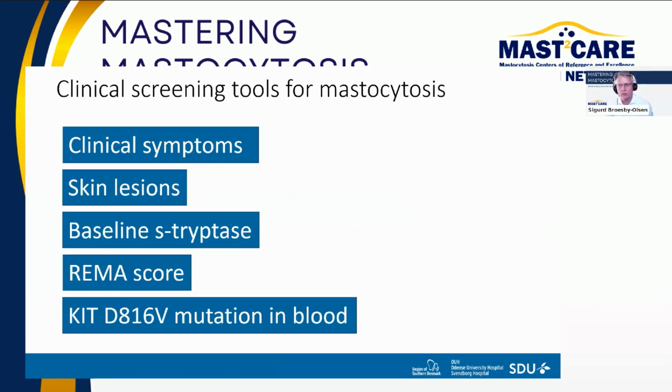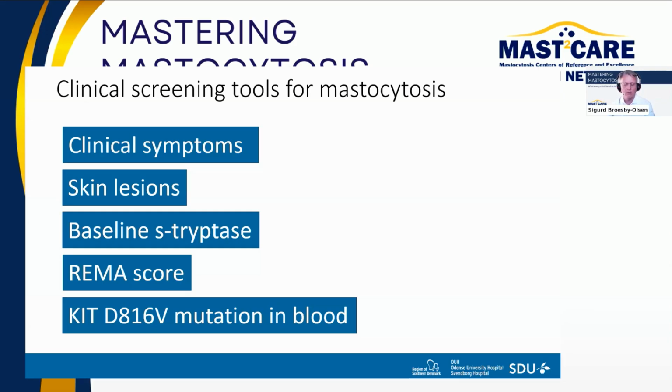But this leaves us with another tool that supplements nicely the other tools that we have in the clinic when we look for mastocytosis. As shown by Polina, skin lesions are there in many patients, but they do not need to be there. You can have mastocytosis without skin lesions. Tryptase is often elevated, but it may be completely normal in patients with systemic mastocytosis.